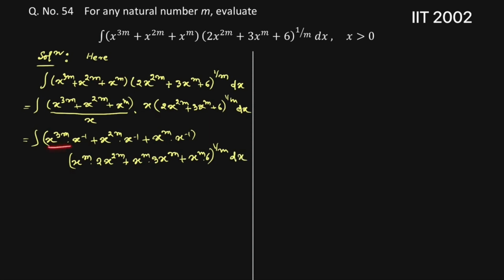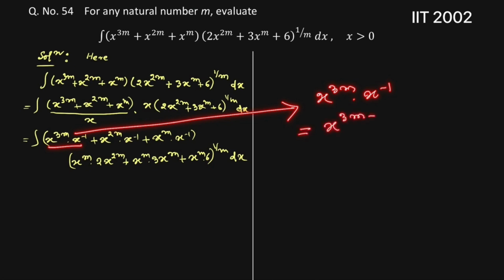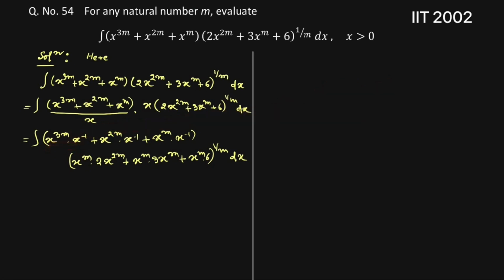dx. When we simplify this, then we will get x to power 3m into x to power minus 1, which is equal to x to power 3m minus 1. Similarly, we solve this term, this term, this term and also this term.